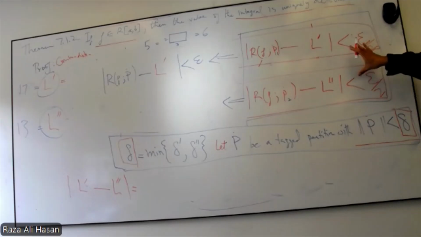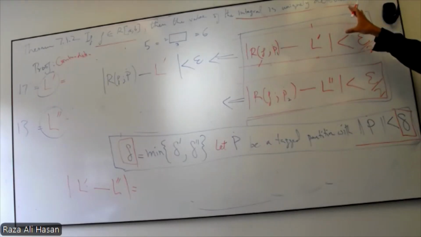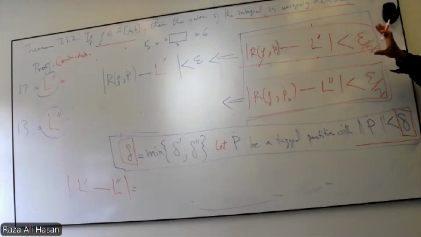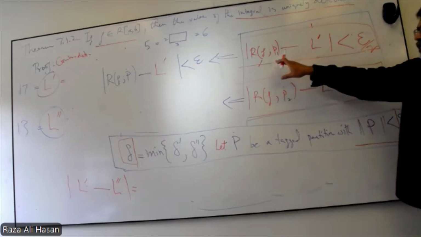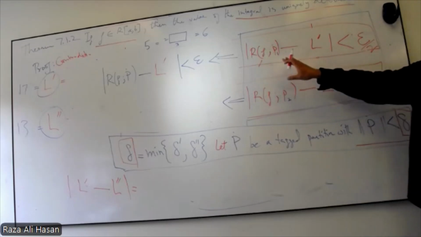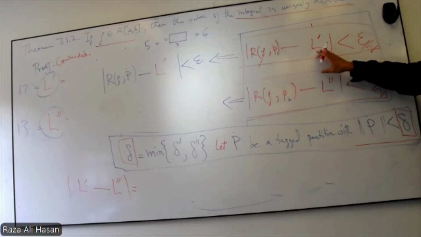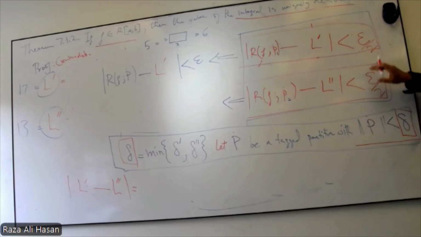If there are two limits, then the epsilon better be half the size. The positive number that needs to be greater than the difference between the approximate and the actual area better be half the size.